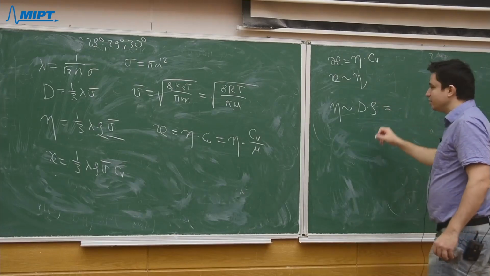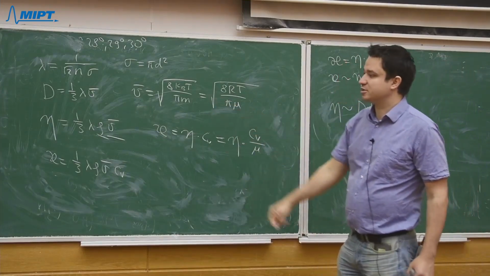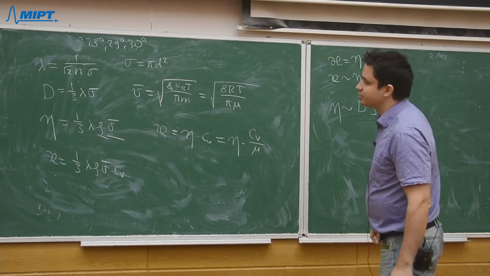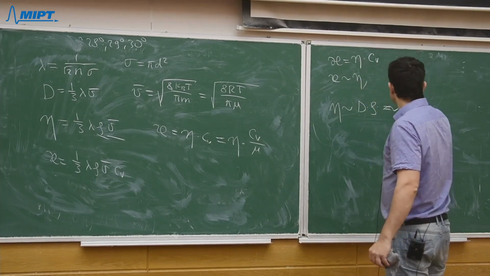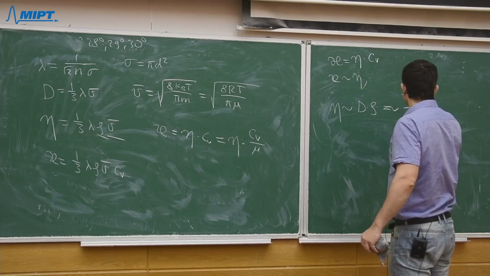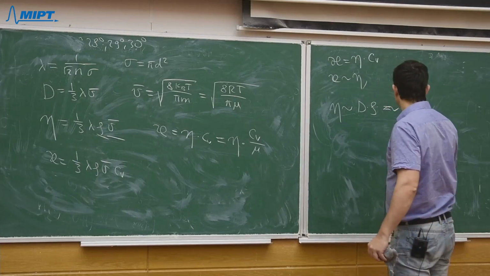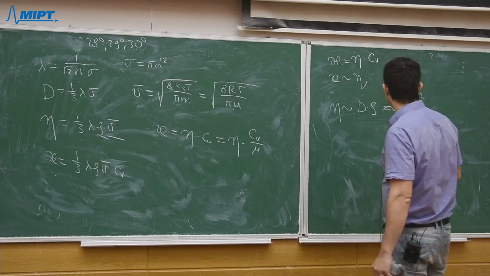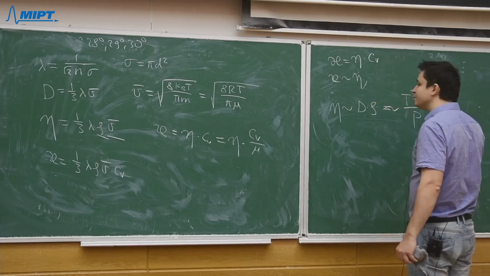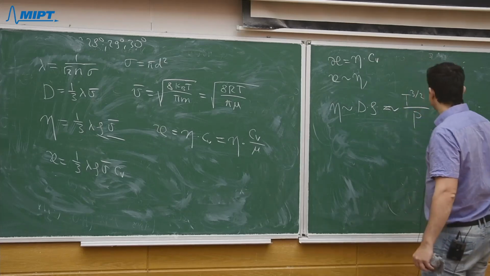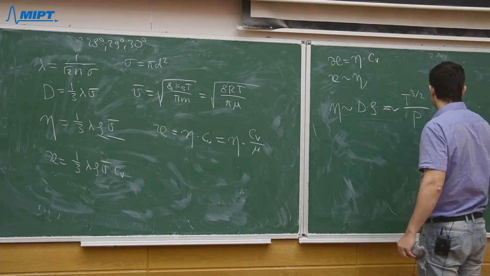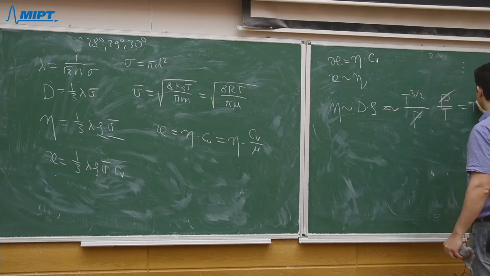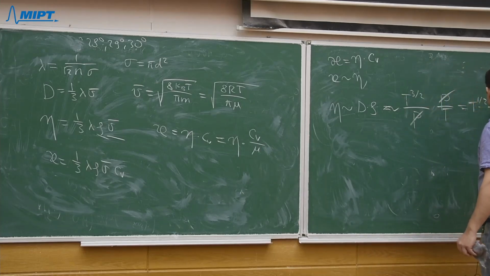So as we know from the previous solution, D is proportional to T to the power of 3/2 over the pressure, while the density is actually proportional to n, and n is proportional to pressure over temperature. So pressure gets out of here. We have temperature to the power of 1/2, which is constant.